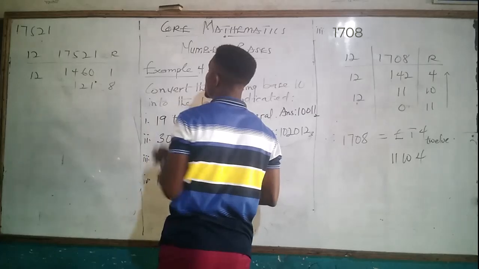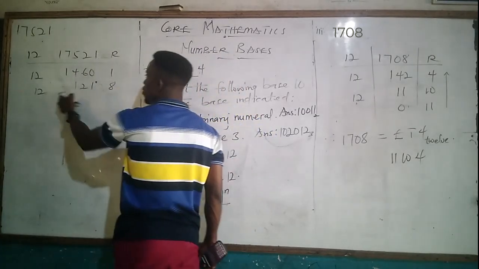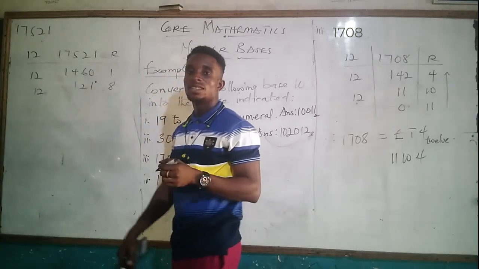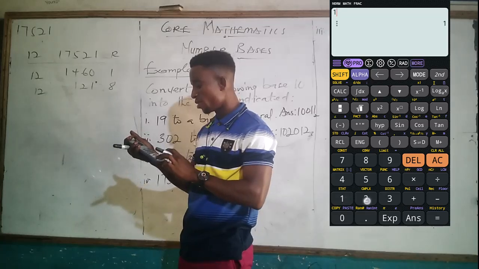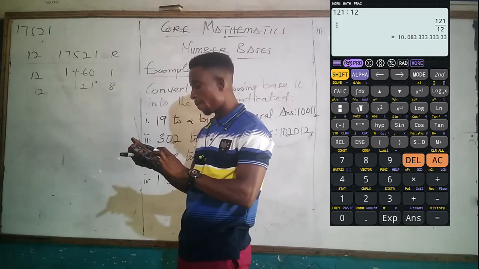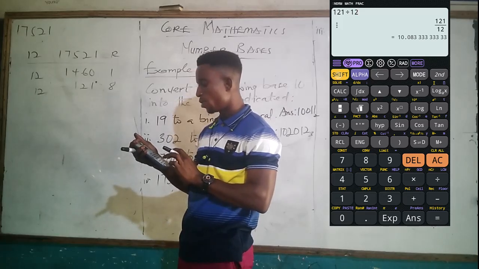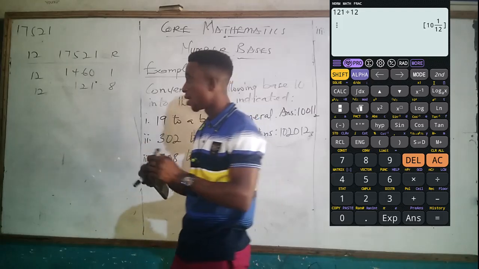Then the next one. We have the same 12 going into this one. And if the same 12 goes into 121, 121 divided by 12, that one is 10 whole number 1 over 12.